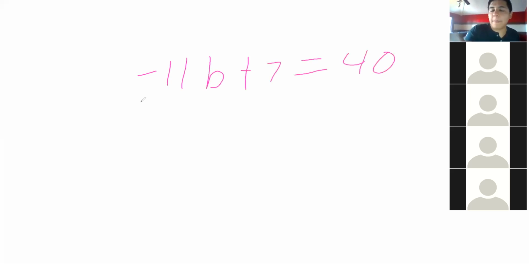Let's say we have negative 11, and I'm going to use b as a variable, plus 7 equals 40. If we were using order of operations, we would do multiplication and division first and then addition and subtraction, right? But since we actually have to work backwards, what do we do first here?